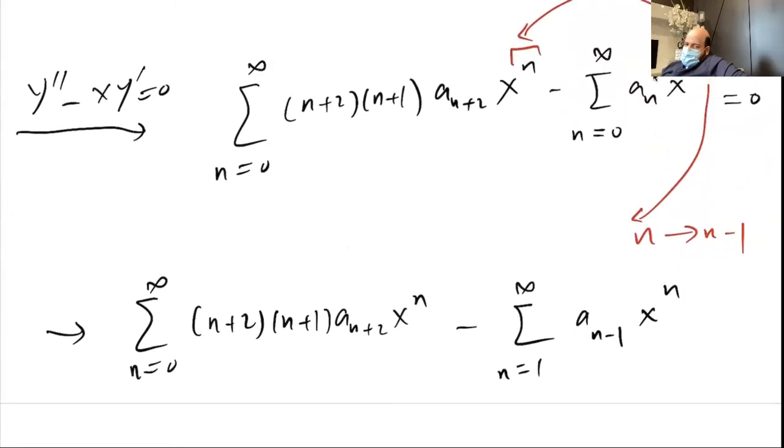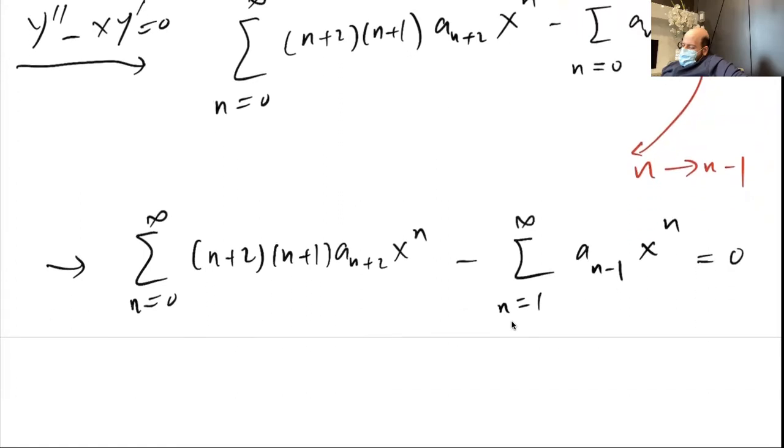I've changed n to n minus 1 here. Now these powers match, which is good news, but the starting indices won't match. I can easily solve that problem, because sigma from n equals 0 to infinity means I can replace n with 0, then plus sigma n from 1 to infinity.